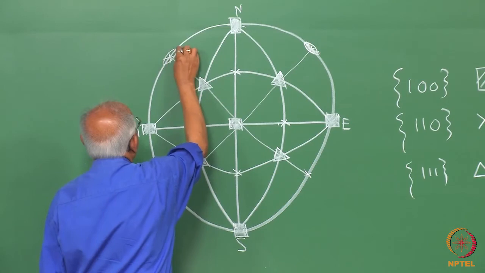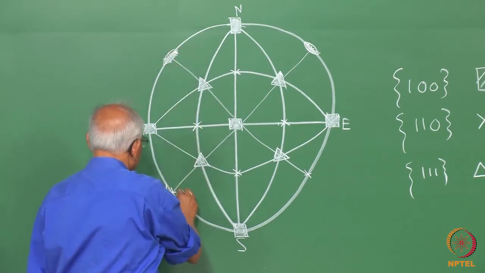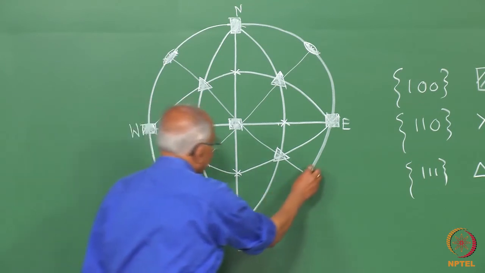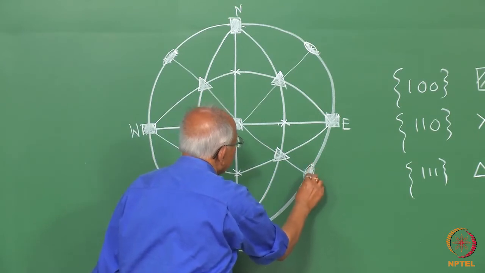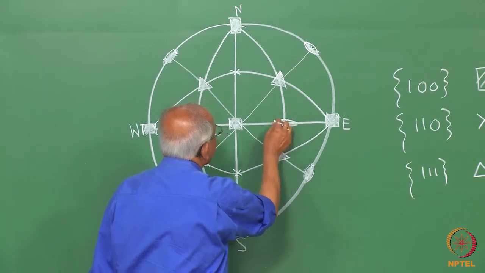So, the 2-fold rotors will lie at the positions of the 1 1 0 type of poles.